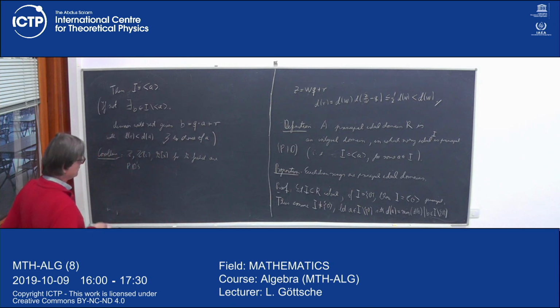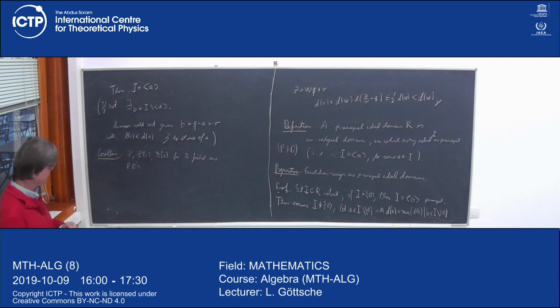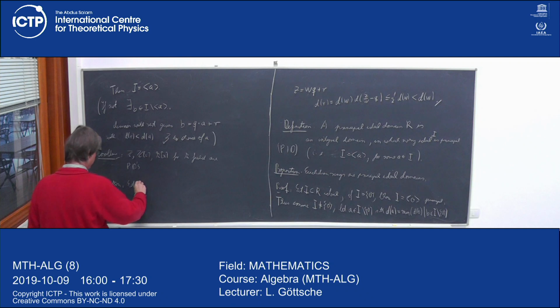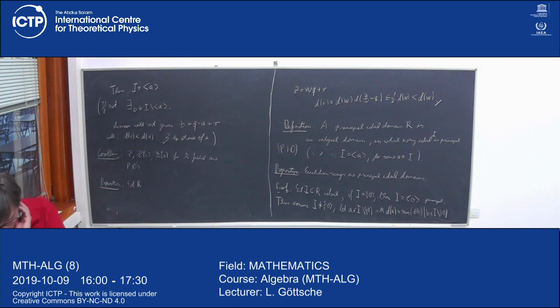So we also can see that in a principal ideal domain, we always can find the greatest common divisor of any set of elements. This is a simple fact. In an integral domain it is not guaranteed that you always have the greatest common divisor, but in a PID it's easy to find.